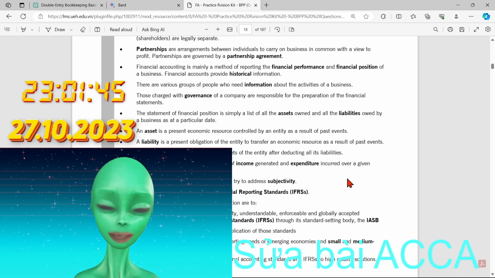Accounting standards were developed to try to address subjectivity.